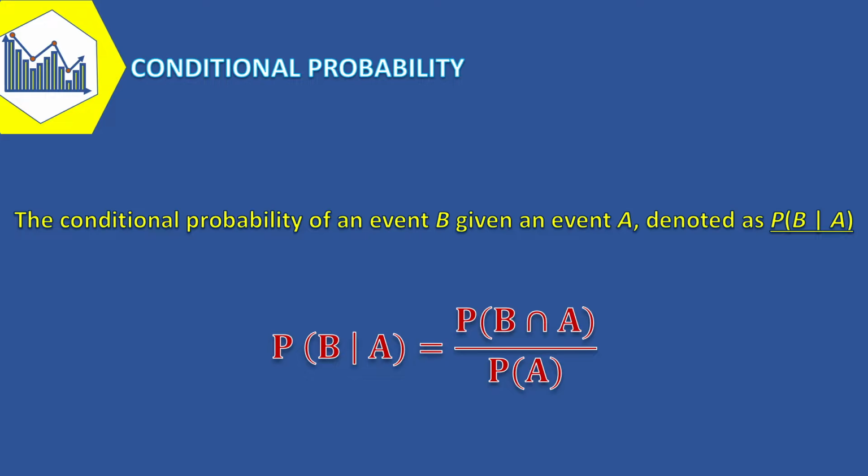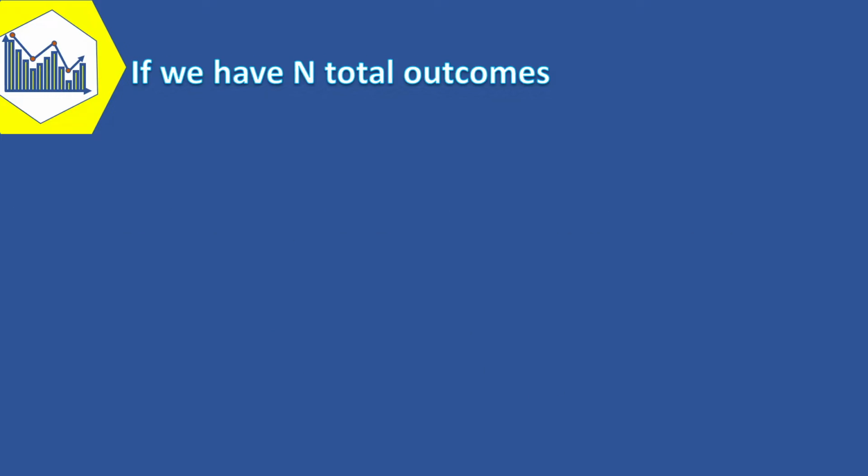This definition can be understood in a special case in which all outcomes of a random experiment are equally likely. If there are n total outcomes, the probability of A equals the number of outcomes in A over n.